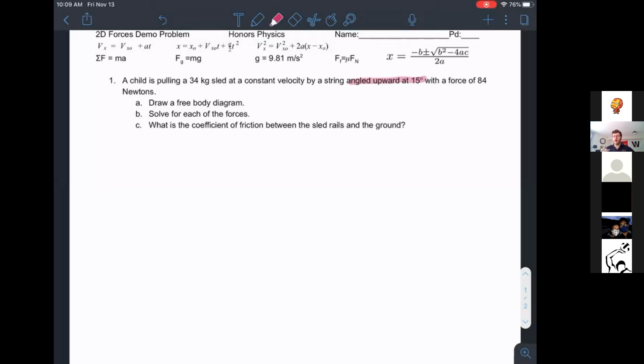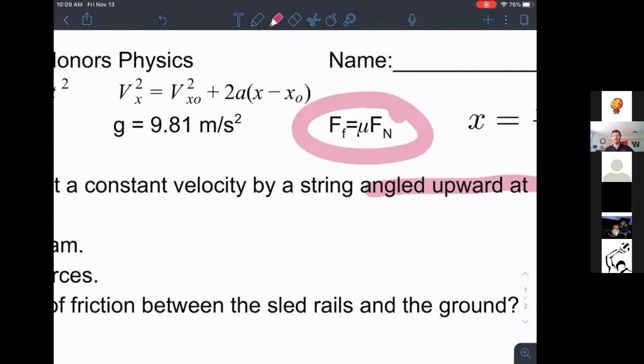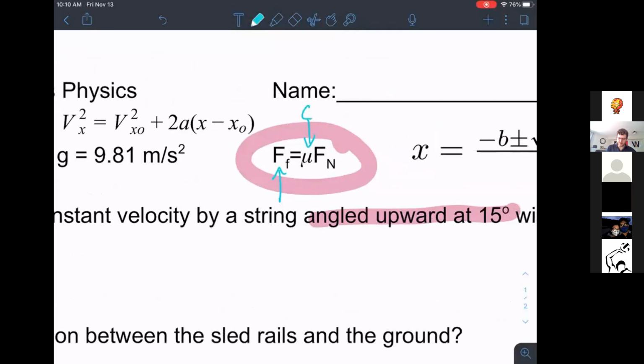The other thing I want you to notice before we continue is this equation. I think it was on your other sheet before, but it's going to come into play because our force of friction is equal to mu times the normal force. This mu is our coefficient of friction.